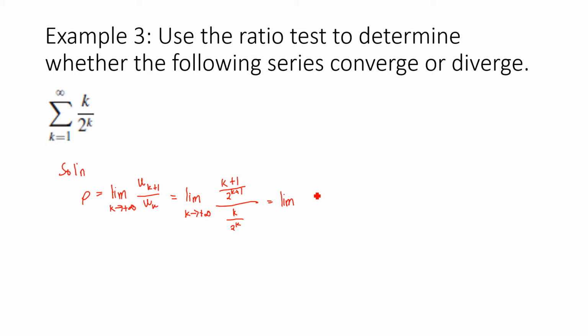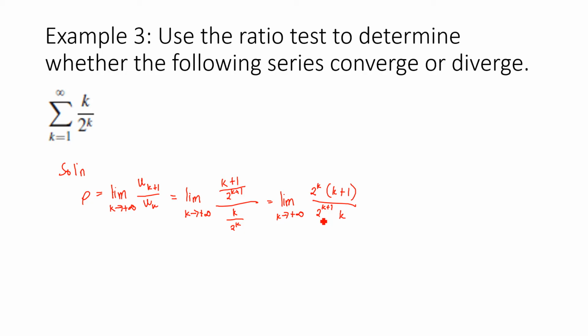You have 2 raised to k times k plus 1 all over 2 raised to k plus 1 times k as k approaches positive infinity.